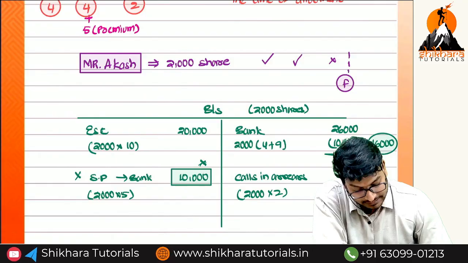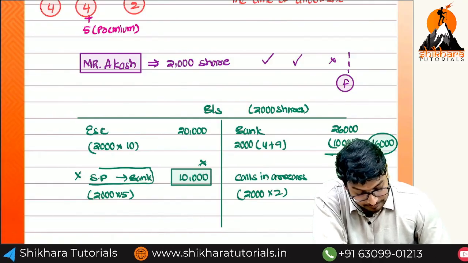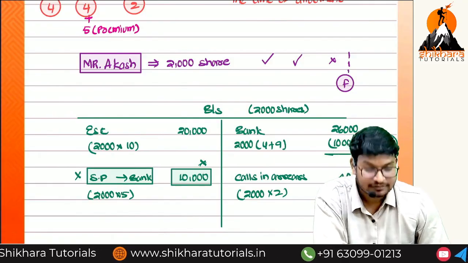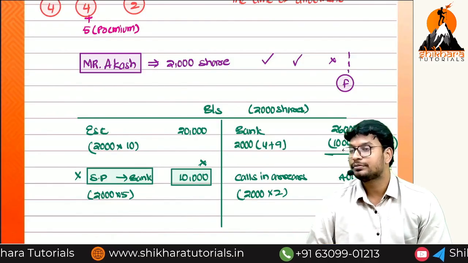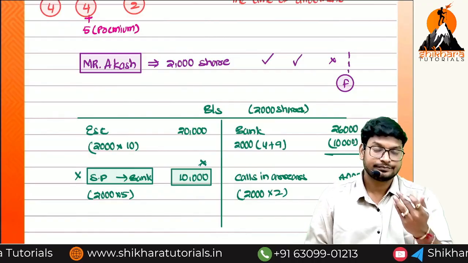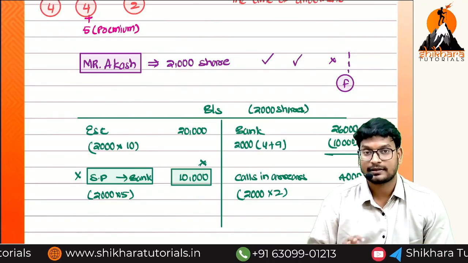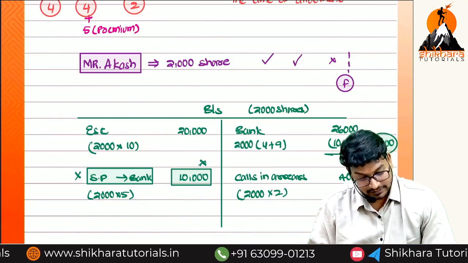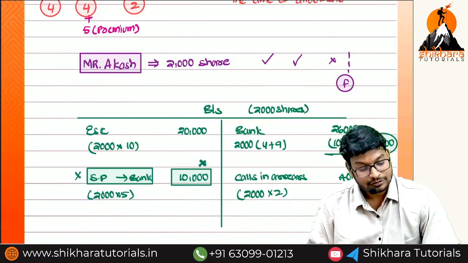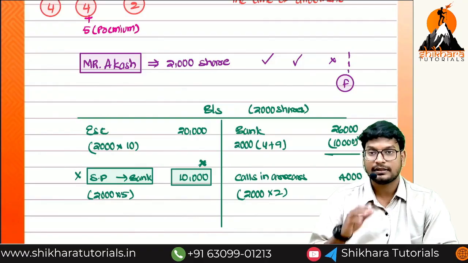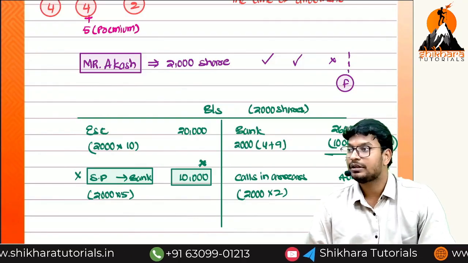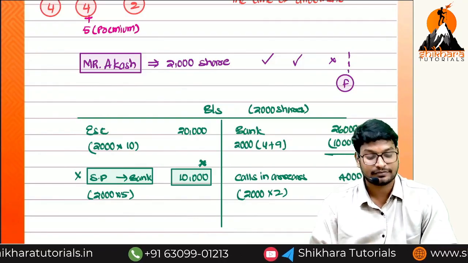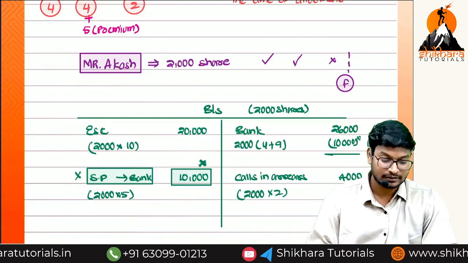Securities premium is nothing but bank balance. We have realized this one, so we should not give it back to the shareholder. So you should not reduce from the bank also 10,000. Up to how much amount only we should cancel and transfer to the share forfeiture? 16,000.